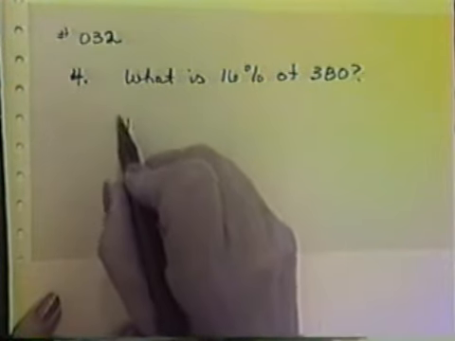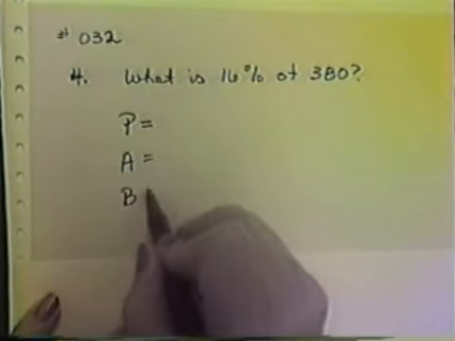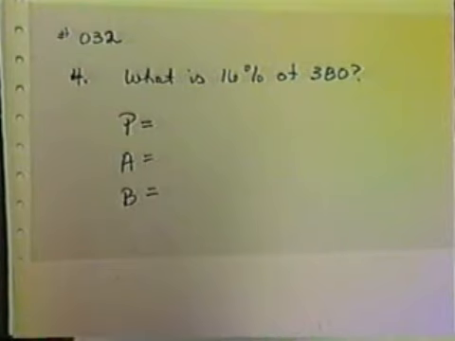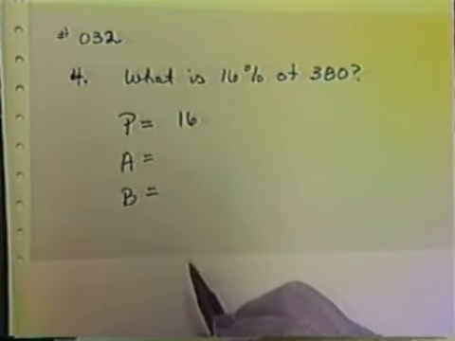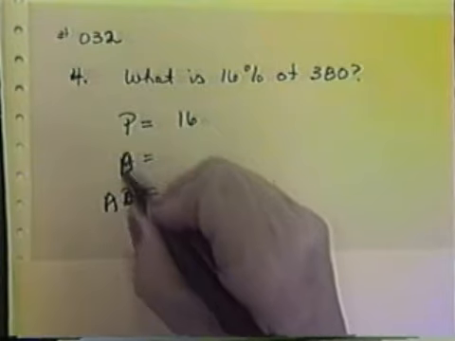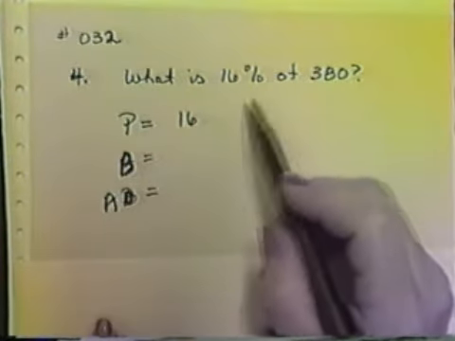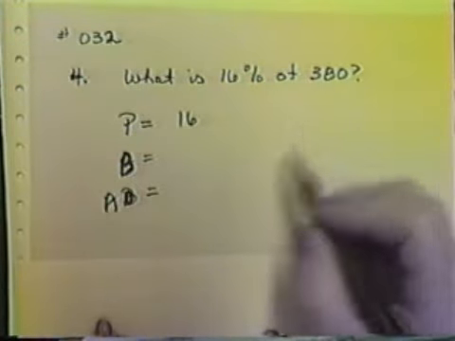So we're going to find the percent, the amount, and the base. The percent is, again, fairly obvious. It's the 16. The base is what I'm taking the percent of, and I'm taking the percent of 380.